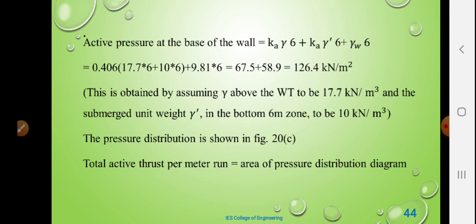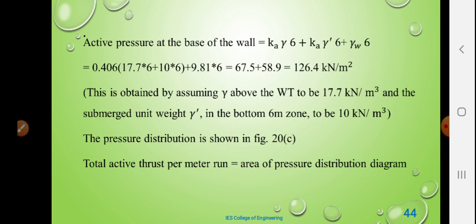Then active pressure at the base of the wall equal to Ka gamma into 6 plus Ka gamma dash into 6 plus gamma w into 6. That means the first term is the earth pressure above the water table, the second is the earth pressure below the water table, plus the effect of pore water pressure, and it will be equal to 126.4 kN per meter square.